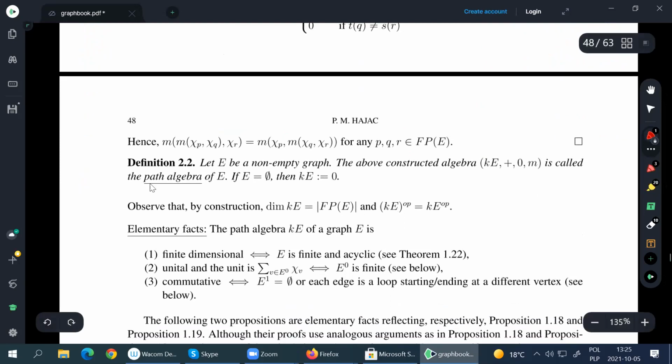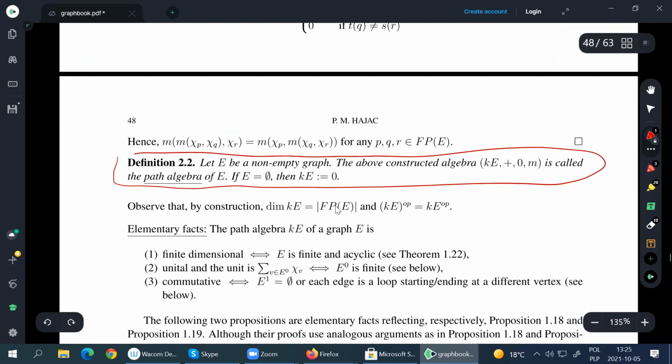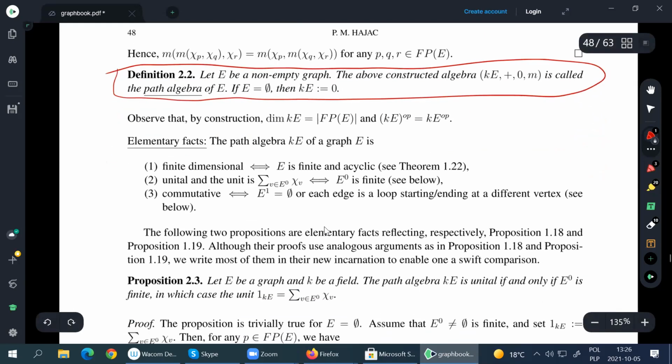Here you have this formal definition of a path algebra. Now that we have this proposition proven, this is a formal definition. So we have E to be a non-empty graph, and the above constructed algebra is called the path algebra of E. And if E is the empty set, then the path algebra of the empty graph is just 0. Okay.